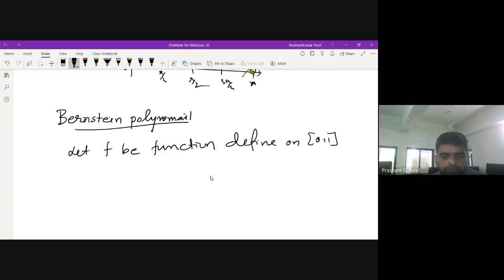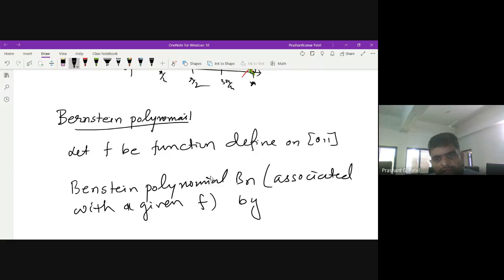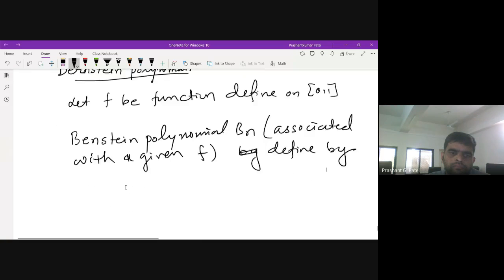The Bernstein polynomial associated with this function f, Bn, associated with a given f, is defined this way: Bn of x.